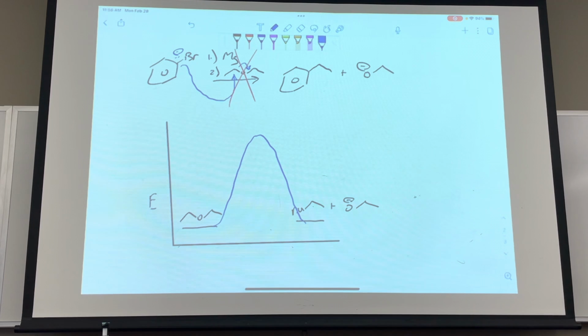The difference with the epoxide is its starting energy state is much, much higher. The epoxide is starting up there.